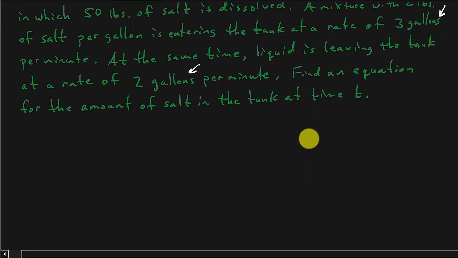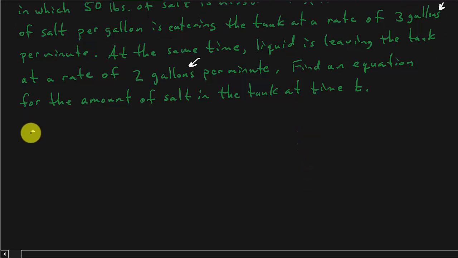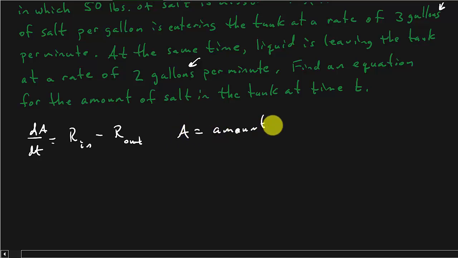All right, so we know we've got dA/dt equals R in minus R out, and remember, A is the amount of salt. So we've got our amount in. Well, that's going to be just like last time.